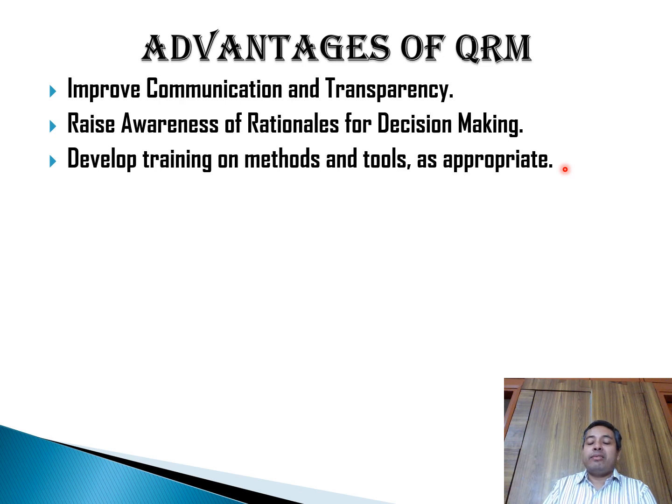Based upon this retrospective review of quality system data and categorization of risks, appropriate training methods and tools can be developed so that the user or the employee can become more aware towards the processes to be followed.